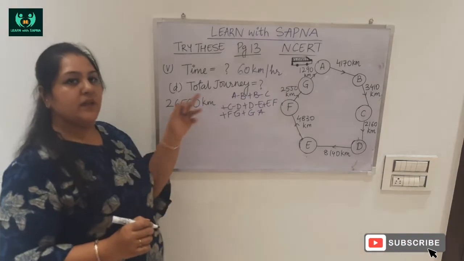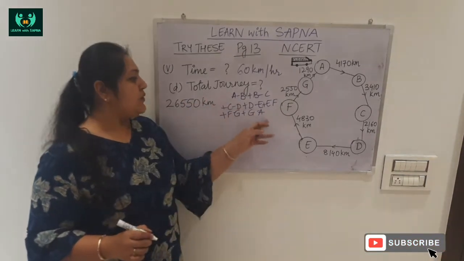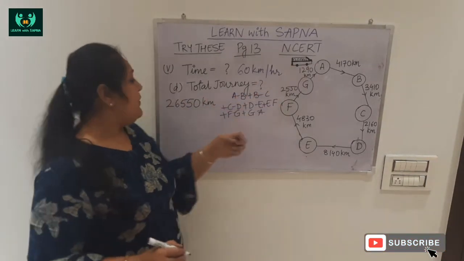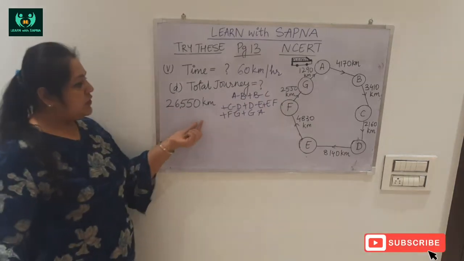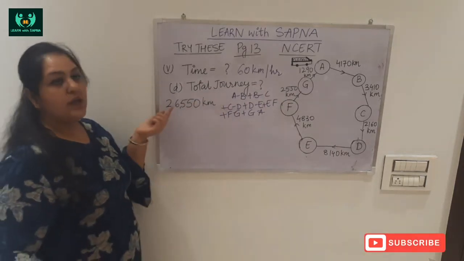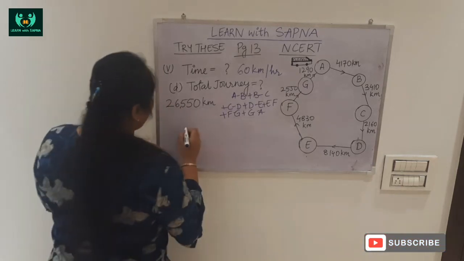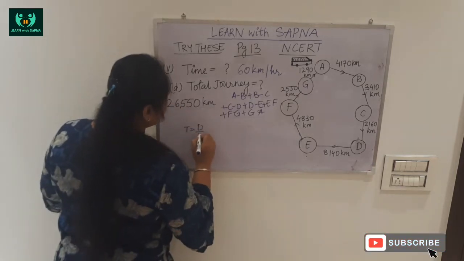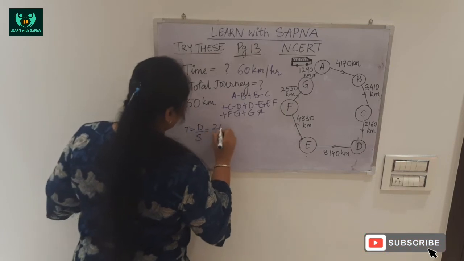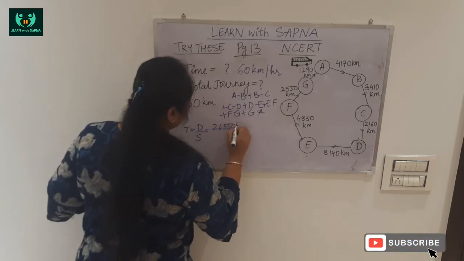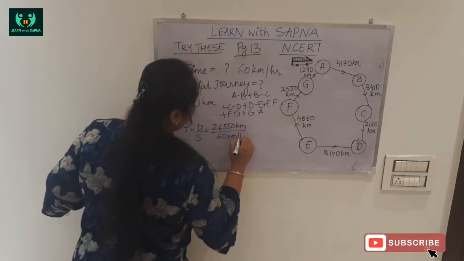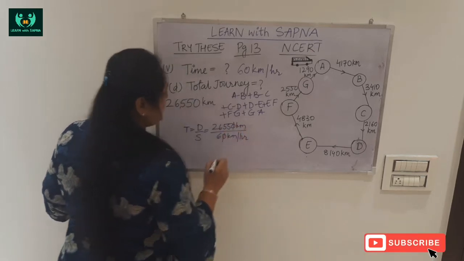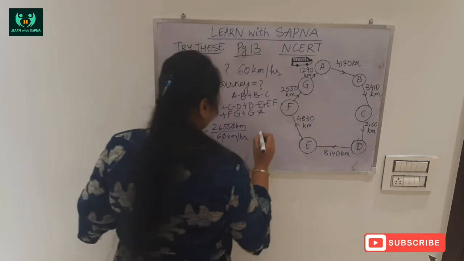Now if you remember in the third part, this is what we calculated as the total distance from A to A, which was 26,550 kilometers. So this is the total distance of the total journey, right? So time will be again distance upon speed, which is 26,550 kilometer divided by 60 kilometer per hour. 0 goes with 0. Let's divide.